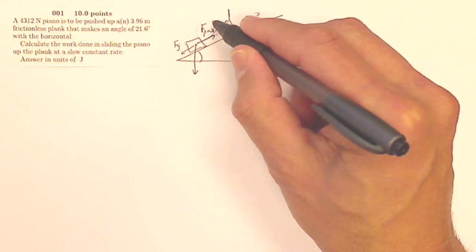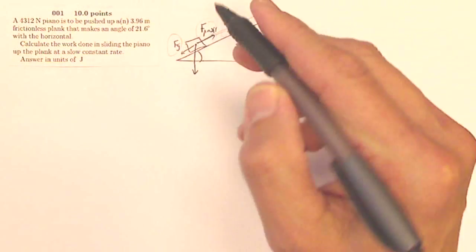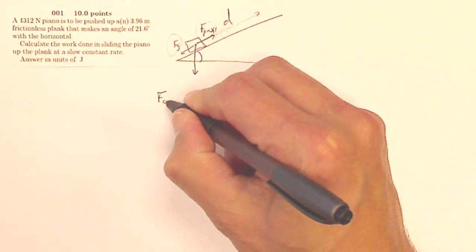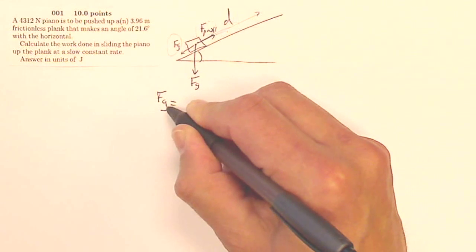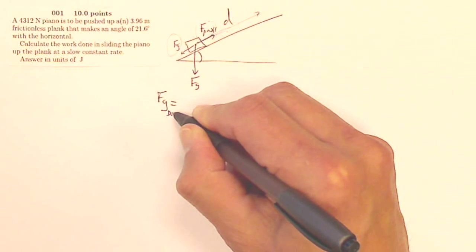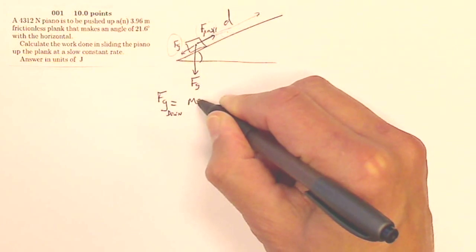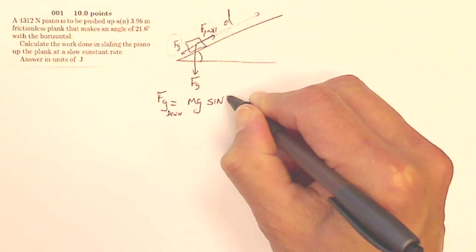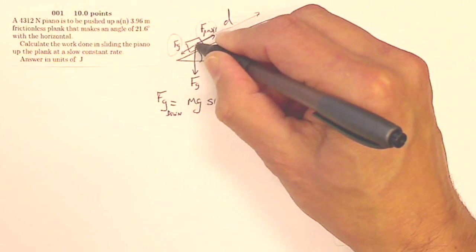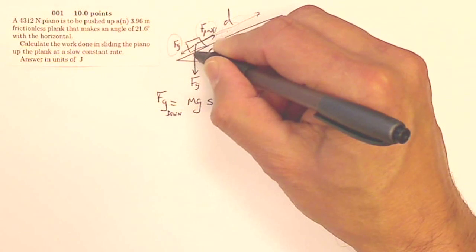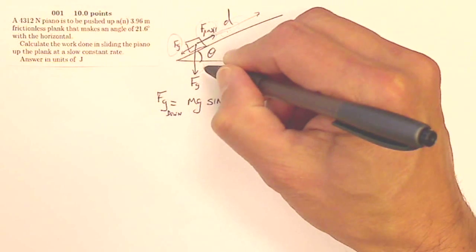So I could figure out this push force by figuring this force of gravity. So that's going to be my force of gravity, what I call down the ramp, is going to be mg sine theta. Okay, so if this is theta here, then this is also theta here. So I'm going to get a little triangle there.